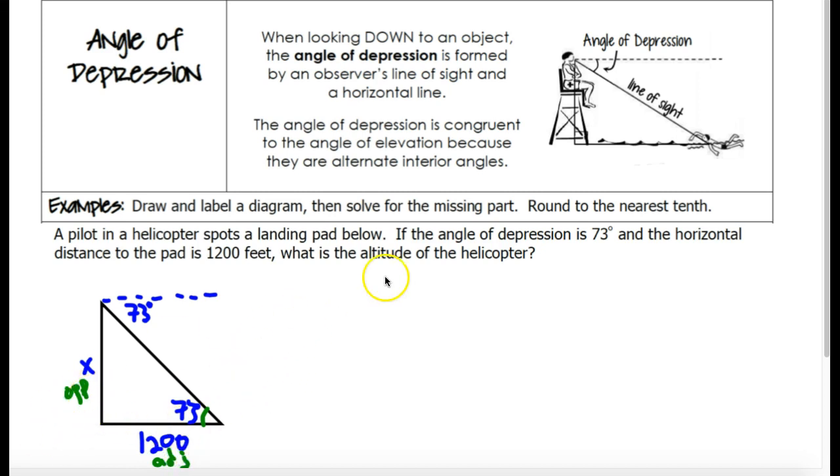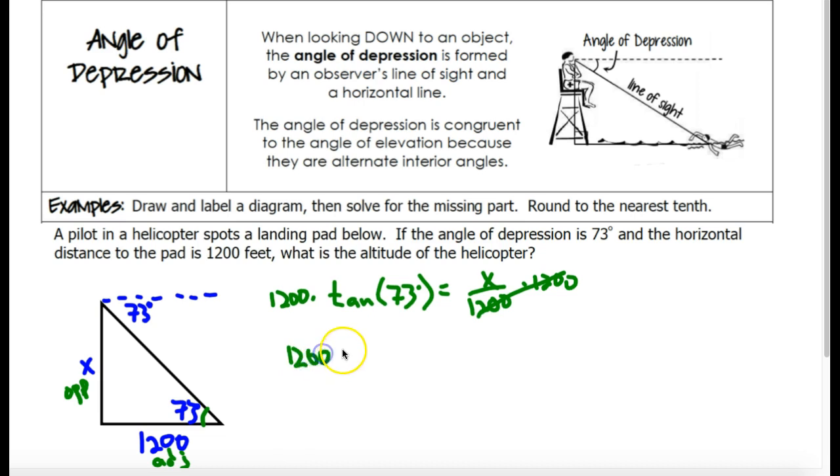So yet again, we're going to use tangent. My setup will be tangent of 73 degrees equals opposite over adjacent, so equals x over 1,200. To get x by itself, I will multiply both sides by 1,200. Those cancel out, and this we can just put into the calculator.